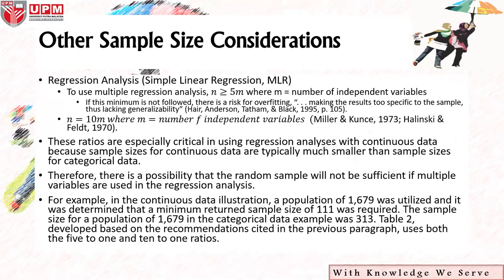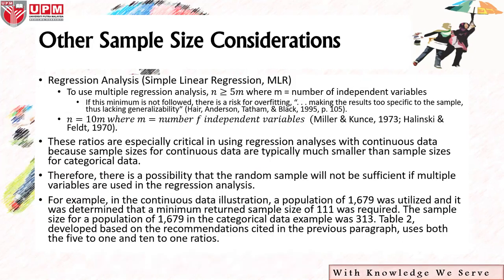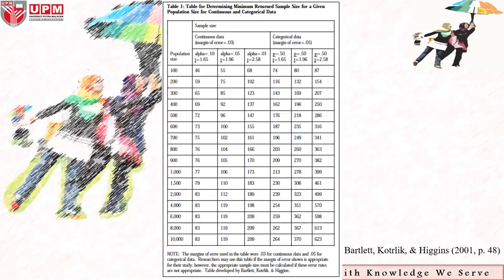Okay, another table that you might find in literature, which is Krejcie and Morgan table. For those who have the computer device with you right now, you can search for Krejcie and Morgan table. Yang ni saya tak masukkan dalam slide saya.